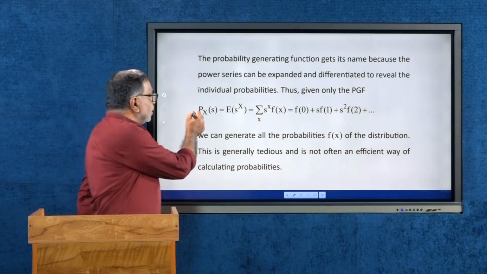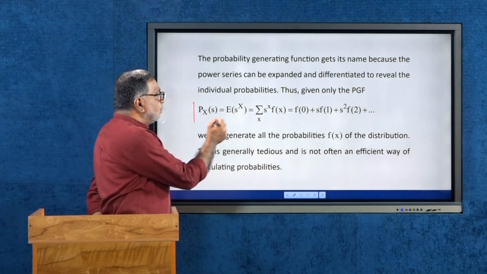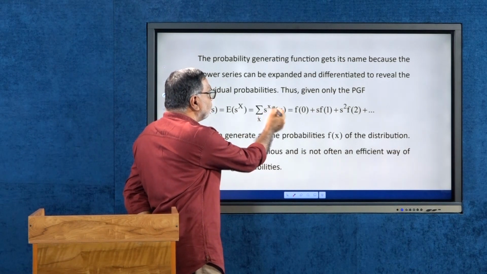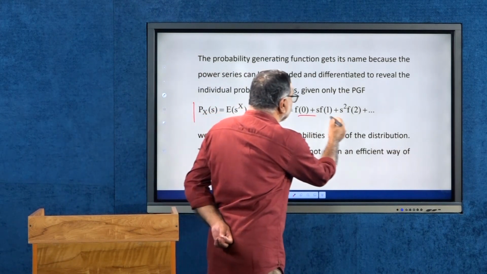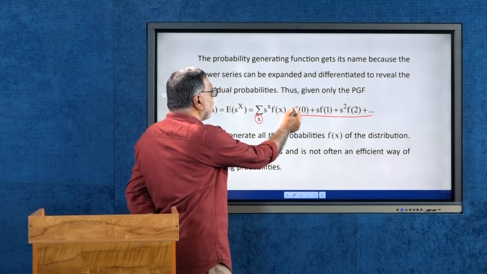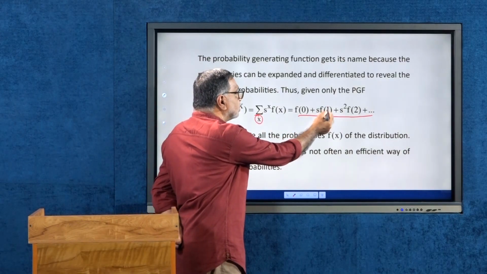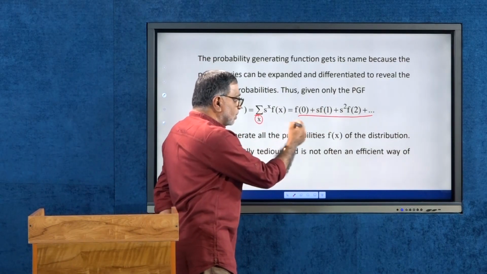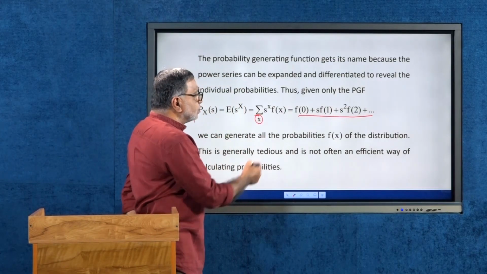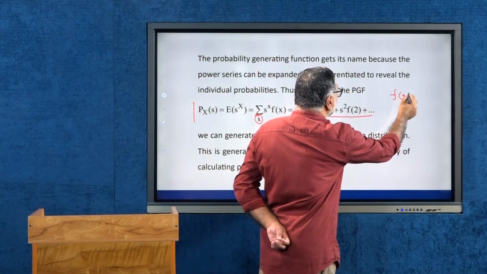Thus, if we have the probability generating function as the sum over x of s power x f(x), it can be expanded like this. When x is equal to 0, the value is f(0). When x is equal to 1, the value is s f(1). For x equal to 2, it is s square f(2), plus etc. So these f(x) values are the probability values.